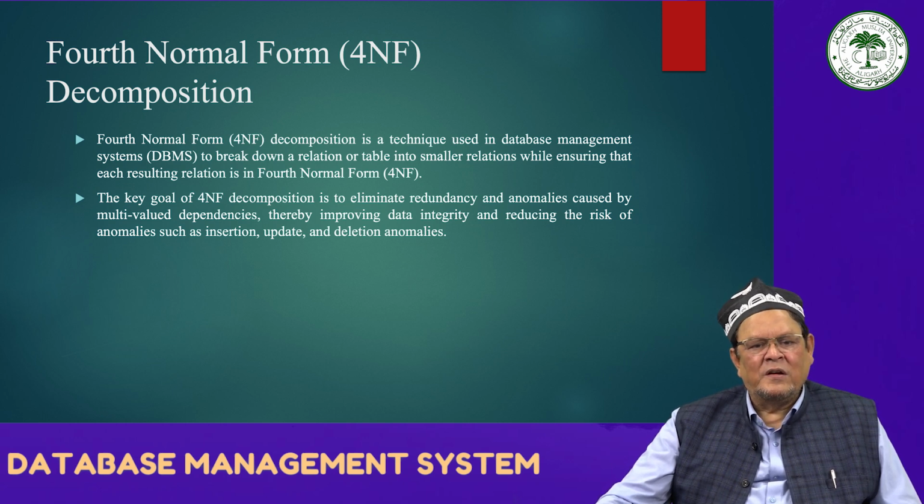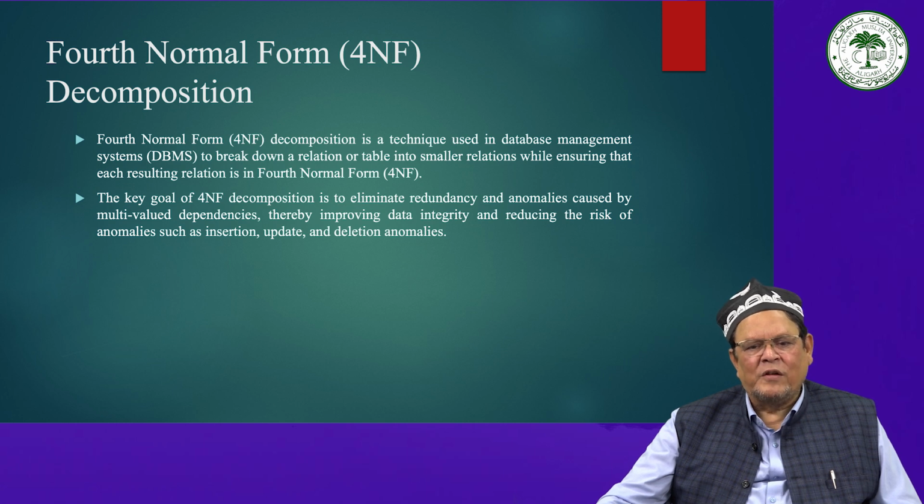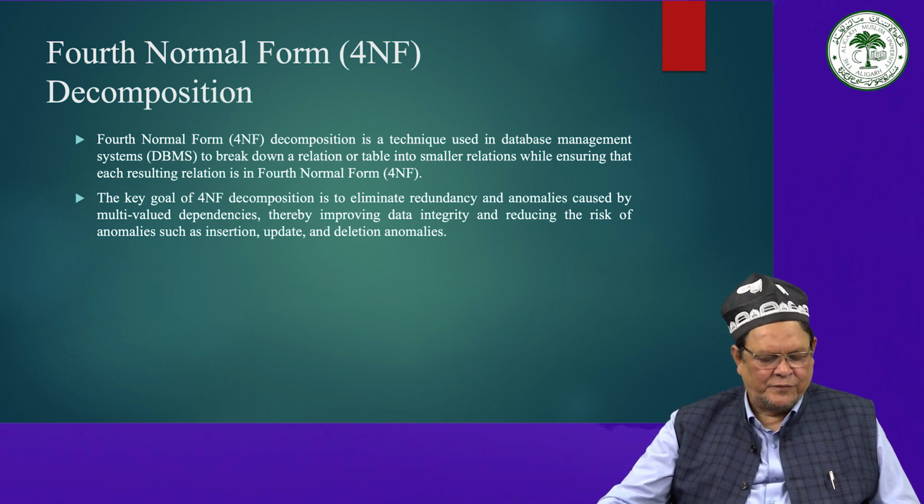If any non-trivial multi-valued dependency violates 4NF, create a new relation containing the attributes involved in the multi-valued dependency. Remove those attributes from the original relation and add them to the newly created relation. Repeat this process until all resulting relations satisfy 4NF.